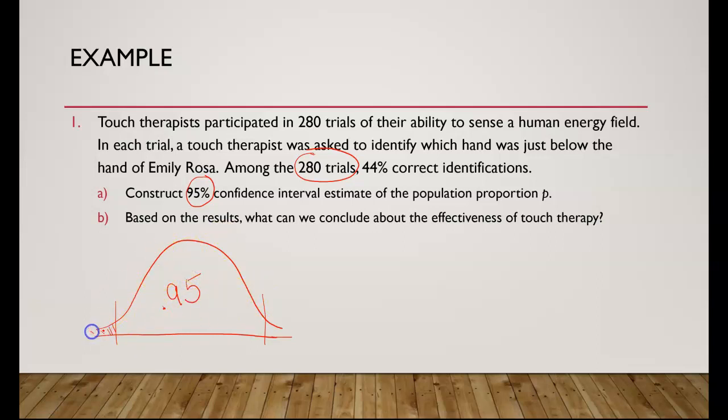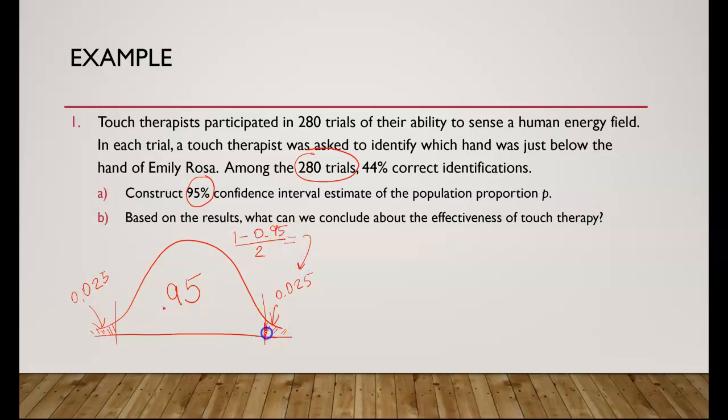That will leave us with 5% or 0.05 for the 2 tails. Therefore, each tail is 2.5% or 0.025. We can also find it by subtracting 0.95 from 1 and dividing by 2 because there are 2 tails.